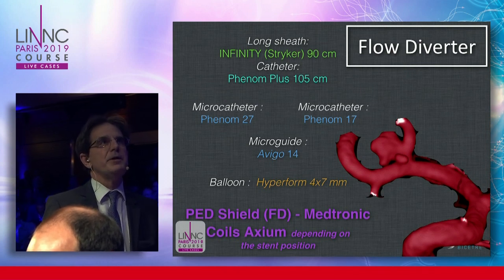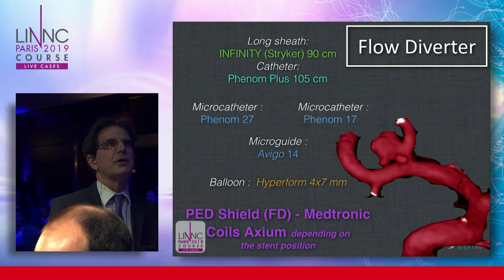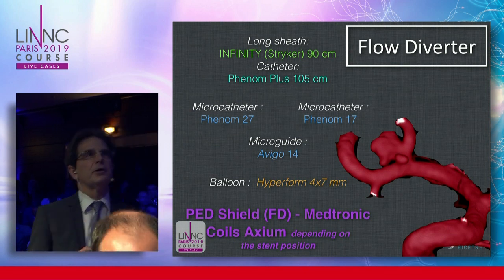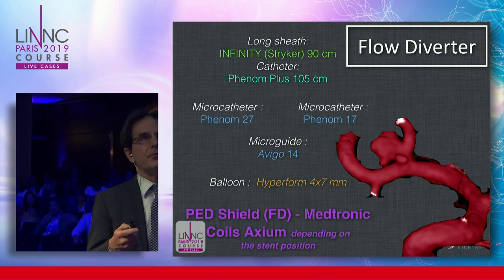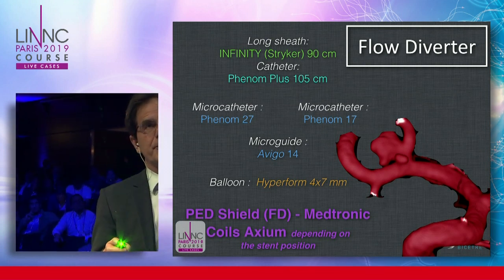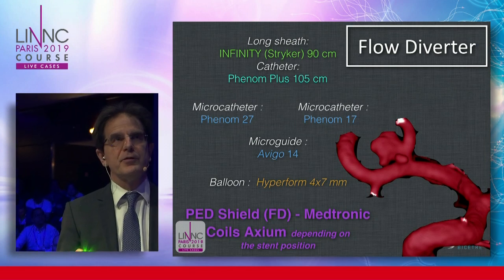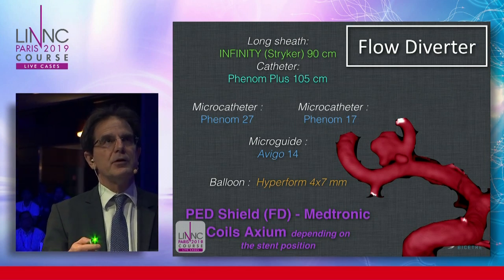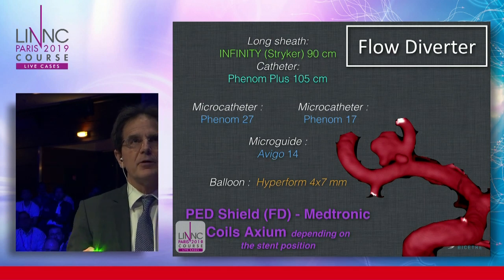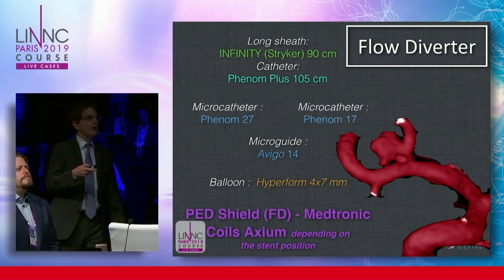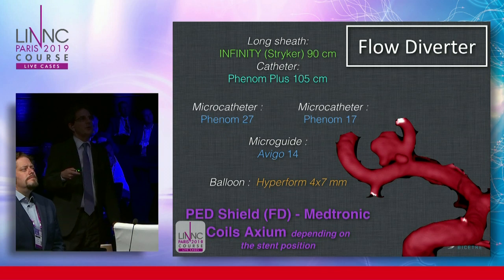And they will be using a distal access catheter, which is the Phenom Plus, 105 centimeter. This is the HyperForm that they will be using for the balloon test occlusion. They will be using the Phenom 17, which is a 17 microcatheter, to coil the aneurysm, depending on the result of the balloon test occlusion.